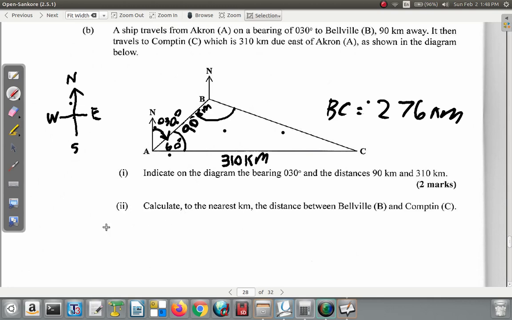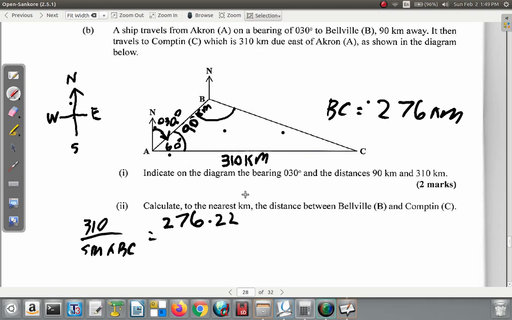Now, you can use the sine rule now. We say this side, 310 kilometers, over the sine of the angle opposite to it, that's angle ABC, which you want to find, is equal to BC. We know what BC is now. Equal 276.22.